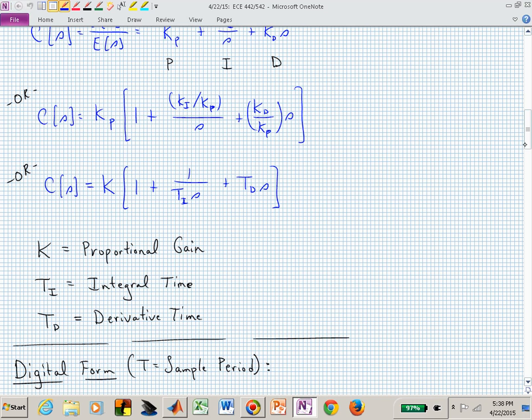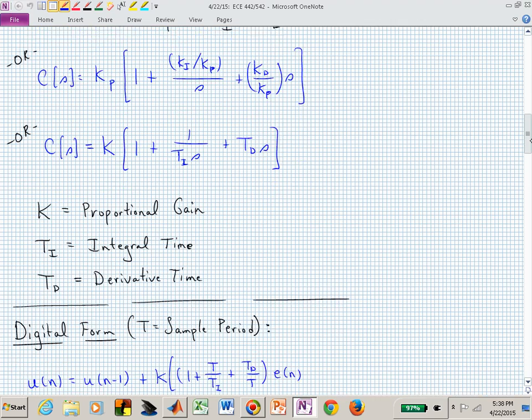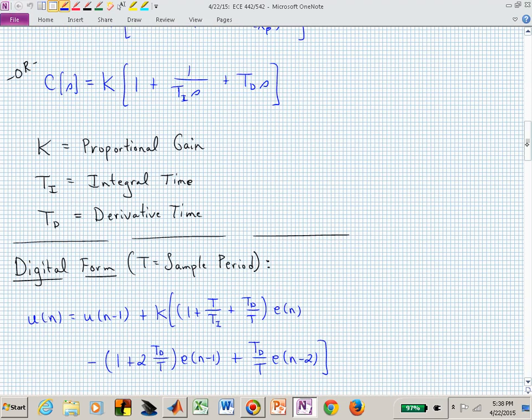What happens when we put this into a digital form or write it in terms of a difference equation? Let me just give you the answer. Now U sub n is equal to, and U is the input to the system, and E is the error signal driving our controller.